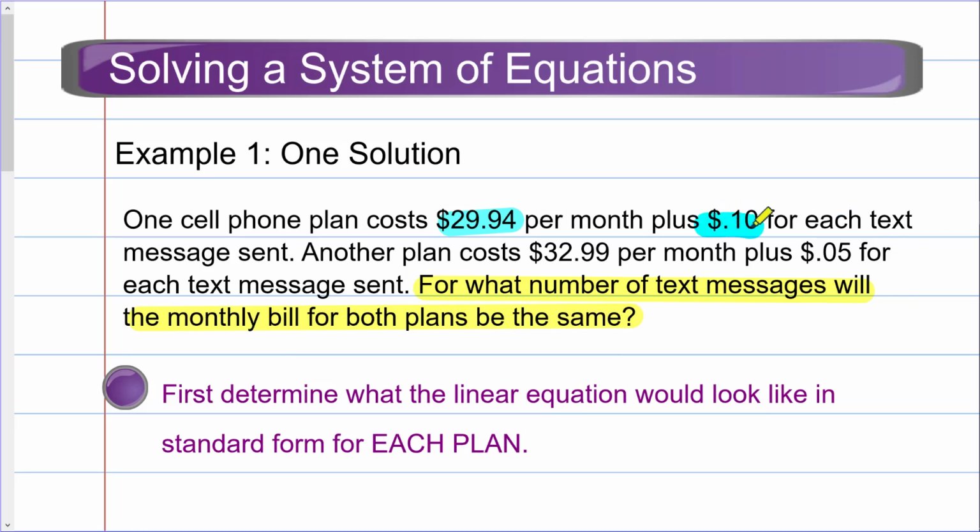So it's going to be 10 cents for every text message. The other plan has a flat fee of $32.99 per month. And then we add on the 5 cents for every text message.